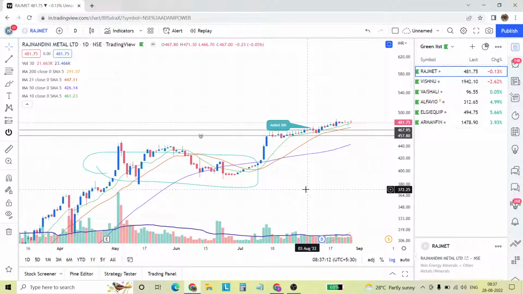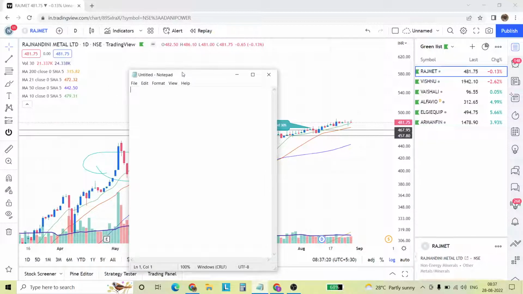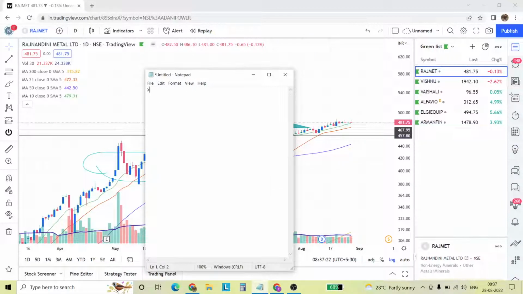My criteria, which I shared with you last week: my basic criteria for screening stocks is greater than 40% earnings growth, greater than 30% sales growth, and above the 200-day moving average. This is the basic criteria which I look for.